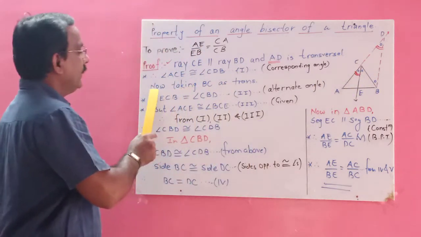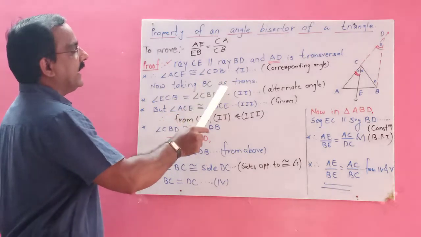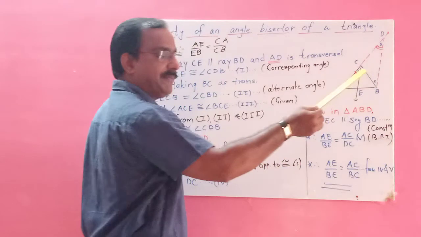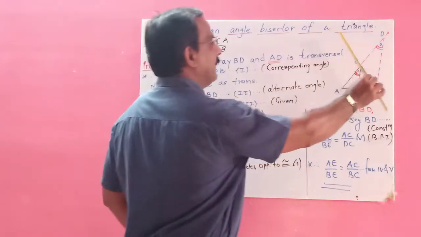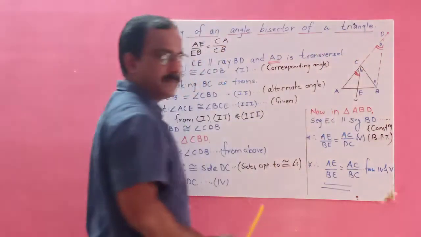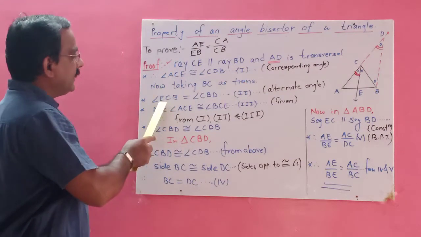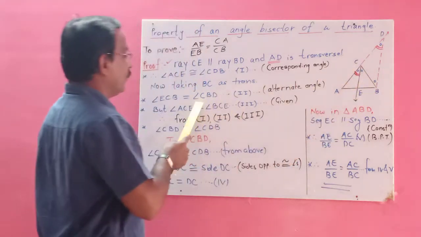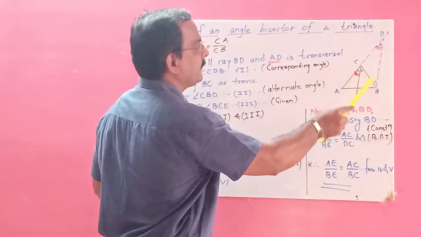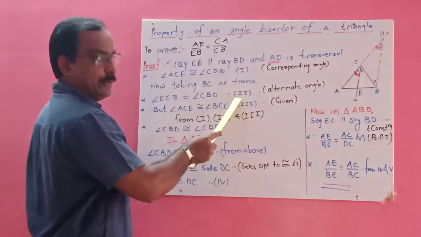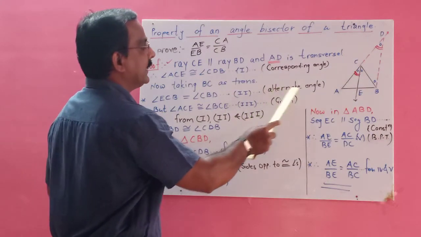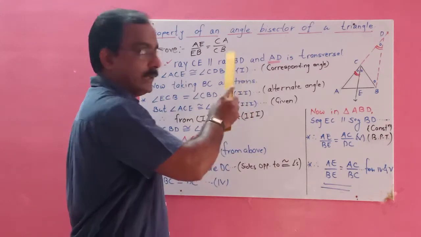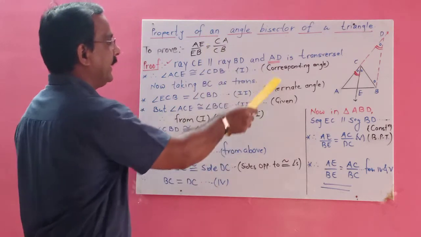So now taking BC as a transversal, taking these two as parallel, but I have changed the transversal. Therefore angle ECB is congruent to angle CBD. Point number 2, and the reason is alternate angles. I hope all of you have understood these two, corresponding angles and alternate angles.